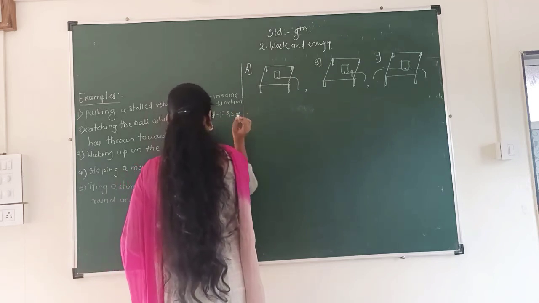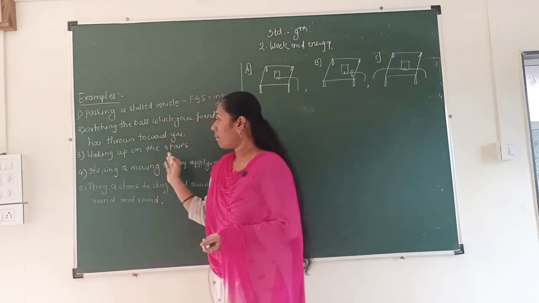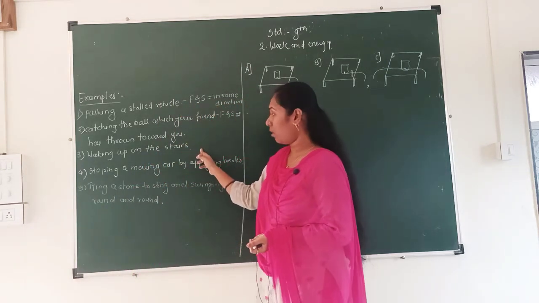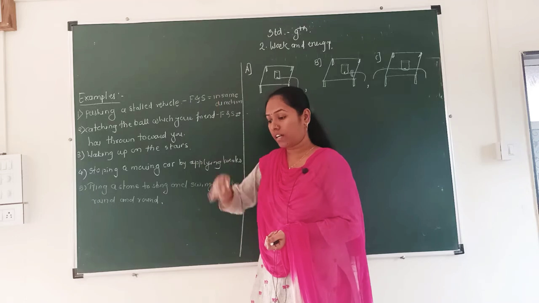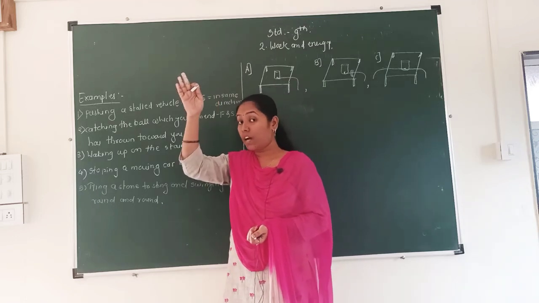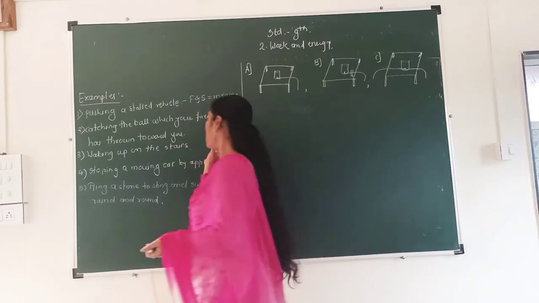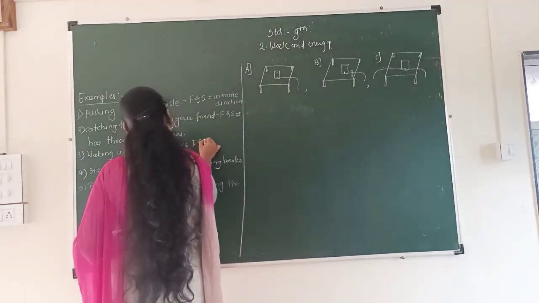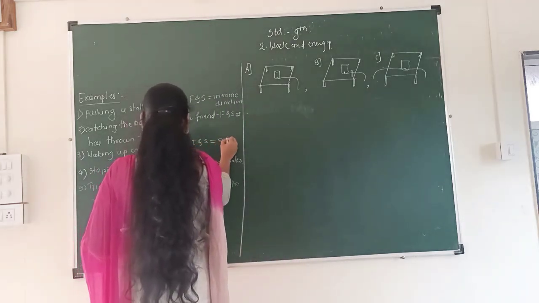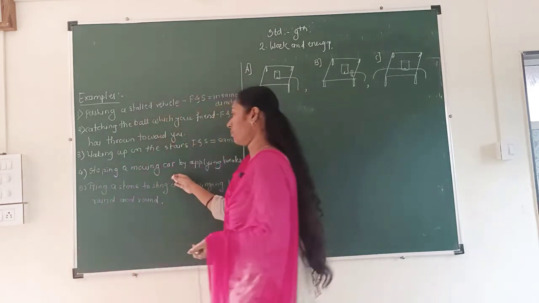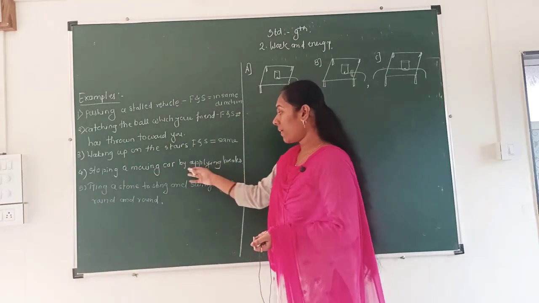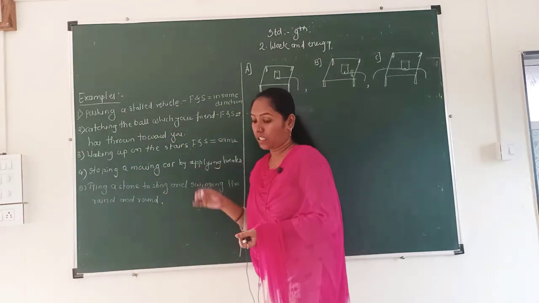Number 3, walking up the stairs: applied force is in the upward direction, displacement is also in the upward direction, so force and displacement are in the same direction. Number 4, stopping a moving car by applying brakes.